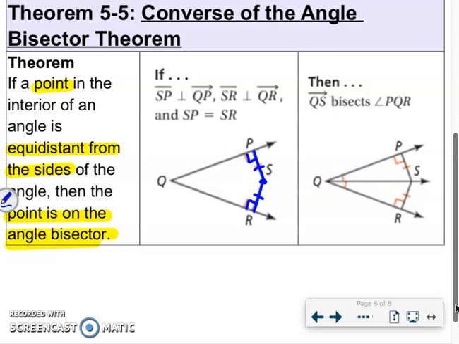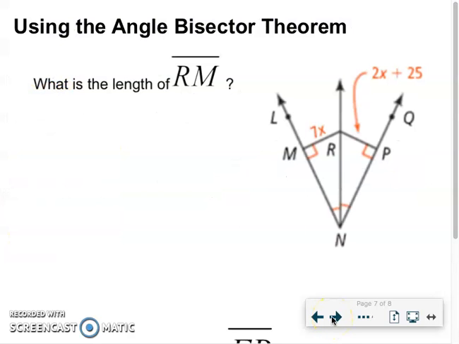That's what we mean by distance. If that's true, that means if I draw this ray in, that would definitely be the angle bisector. Looking at problems related to that, it's going to be very similar.